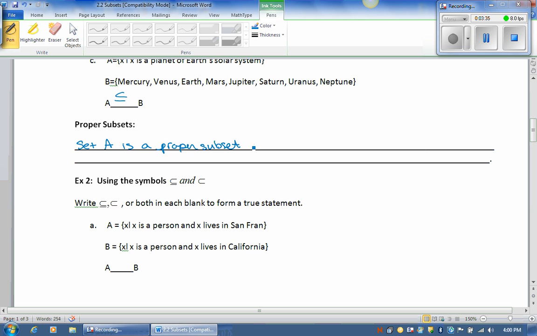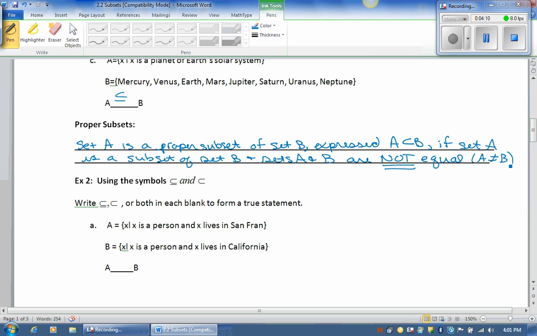Set A is a proper subset of set B, expressed, here's the notation, proper subset, if set A is a subset of set B and sets A and B are not, there's a key word, equal. So A cannot equal B. It's a proper subset if A is a subset of B, but the sets are not exactly the same.